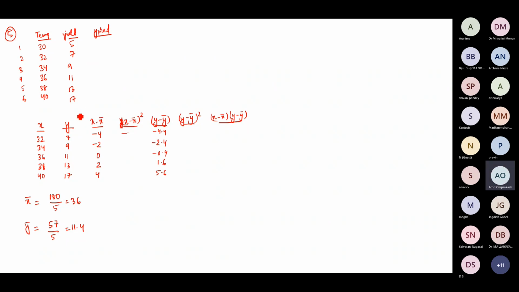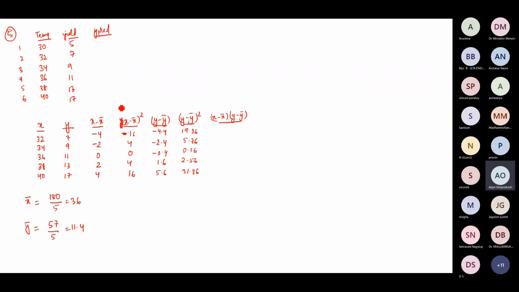Then we need the square of this: minus 4 squared is 16, this will be 4, this will be 0, this is 4, this is 16. Then we need the square of this, which is 19.36, 5.76, 0.16, 2.56, 31.36.